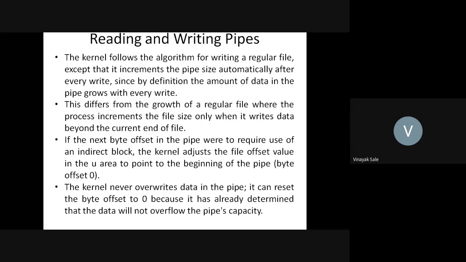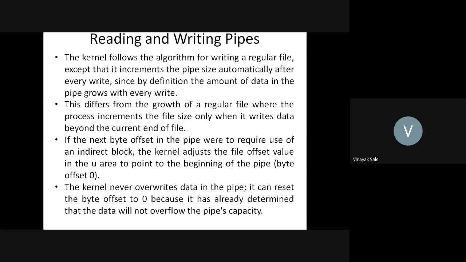If the next byte offset in a pipe would require the use of an indirect block, the kernel adjusts the file offset value in the user area to point to the beginning of the pipe, that is, the byte will start with offset 0.